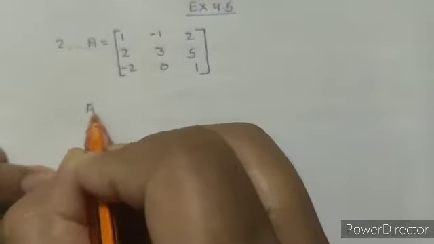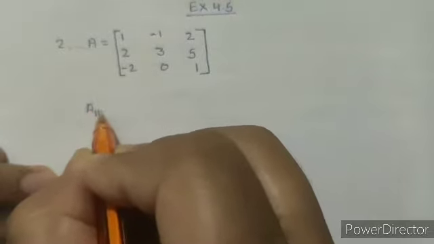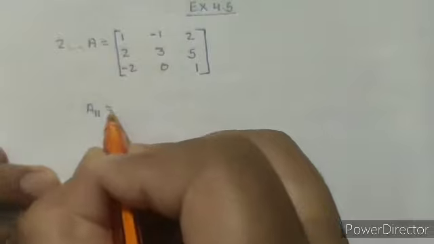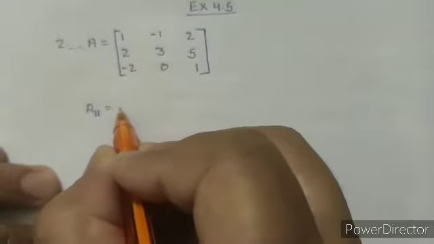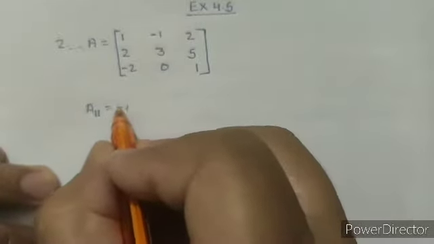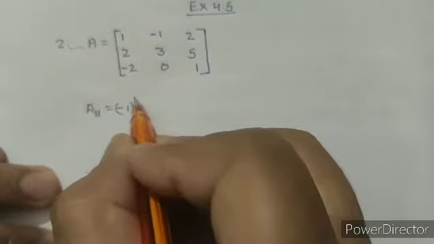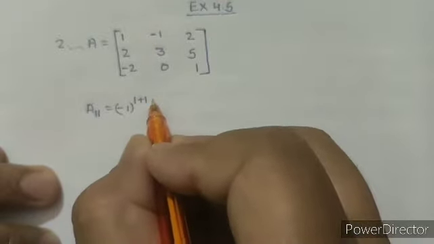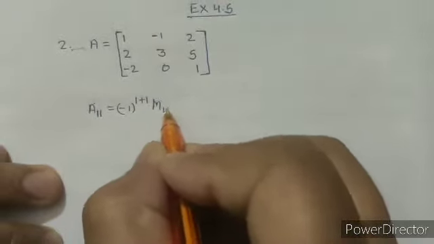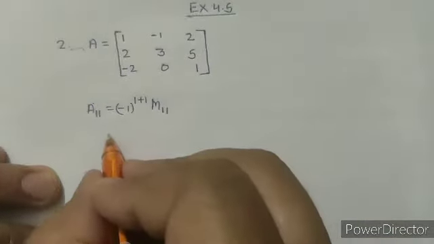Now, the cofactor of the first element of the first row, that is A11, will be equal to minus 1 raised to power 1 plus 1 into minor of 11.